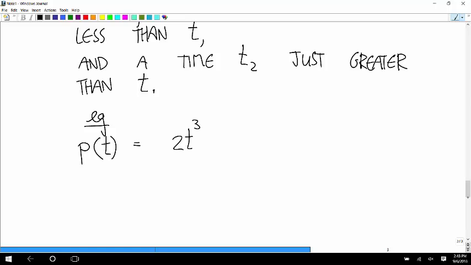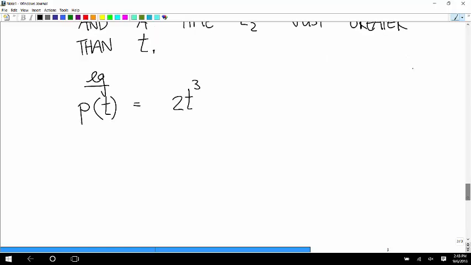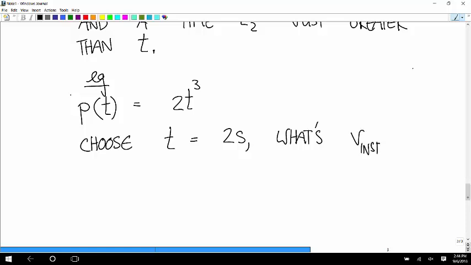That's how that works. Let's choose a time t of, I don't know, 2 seconds. And we want to know what's the instantaneous velocity at that instant.